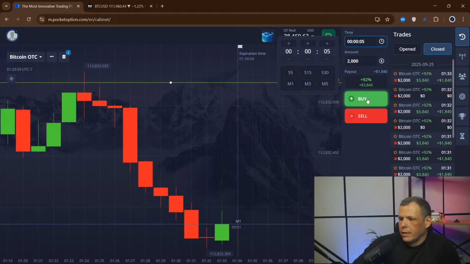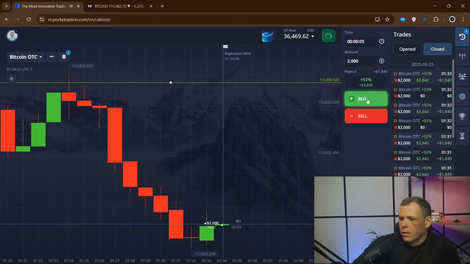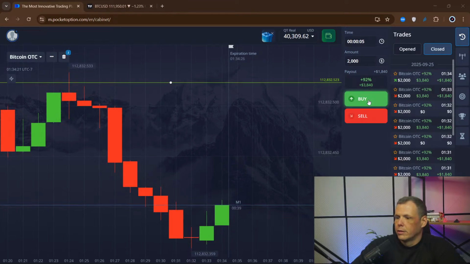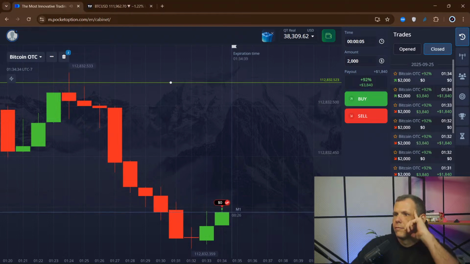And we have a new point. Fantastic. So now we got a little bit of reversal, but this wick kind of gives me a nervous point. And then 5 seconds could be.